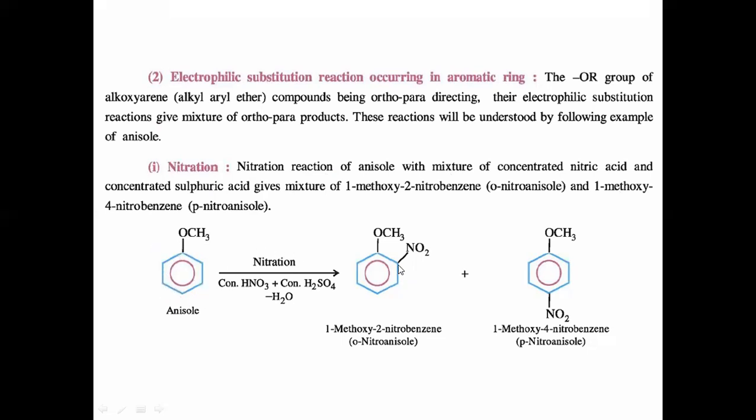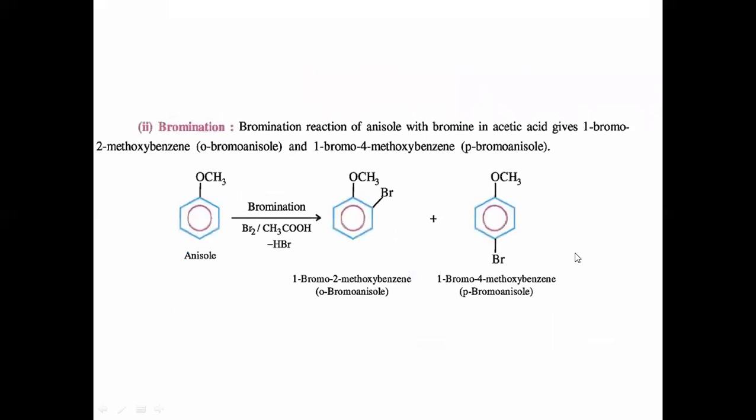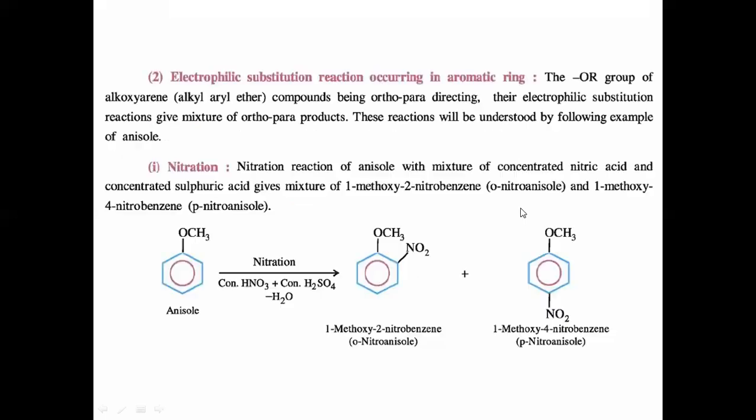On the nitration process, we are getting the ortho and the para position, that is ortho-nitroanisole and para-nitroanisole, or we can say 1-methoxy-2-nitrobenzene or 1-methoxy-4-nitrobenzene. And the bromination of anisole, same process, gives ortho-bromoanisole or para-bromoanisole, or 1-bromo-2-methoxybenzene or 1-bromo-4-methoxybenzene. Okay.